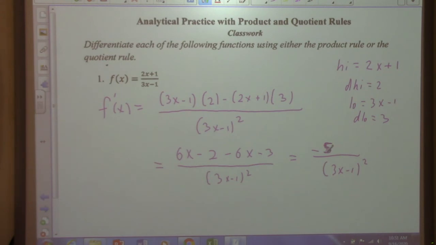Okay, what this looks like to me is -5 over, is that what you got for that? Does that look right? Low D high. So the product of this and this minus the product of that and that. Does that look right?